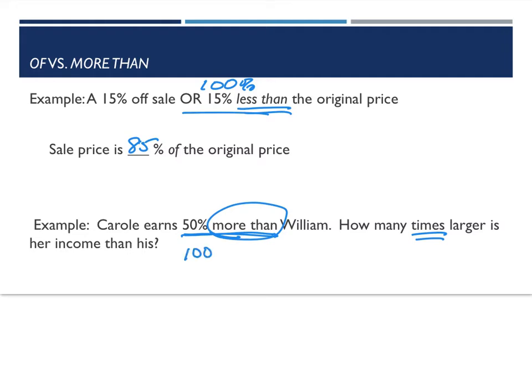So we had 100%, we increased it by 50%, so we're up to 150%. That's the word that would go with of. I want to change that to a decimal in order to say the word that goes with times. So 150% as a decimal, move that decimal point over twice, would be 1.5 times.